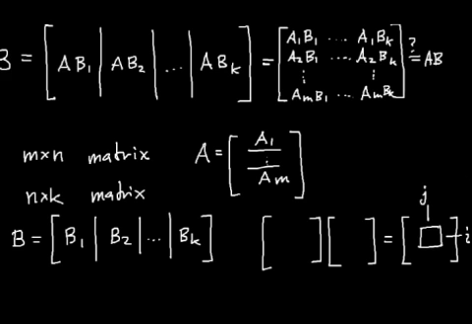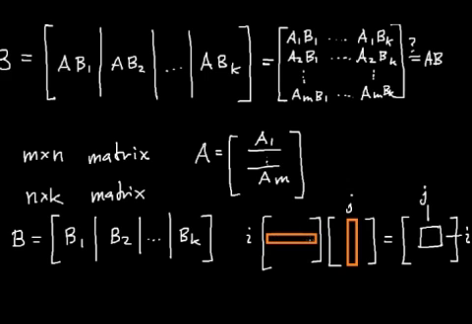The answer is clear. From the way we learn to multiply matrices, what we're going to put there is we're going to take the ith row and the jth column in the second matrix, and we're going to entry by entry multiply each of the entries of the ith row and the jth column.